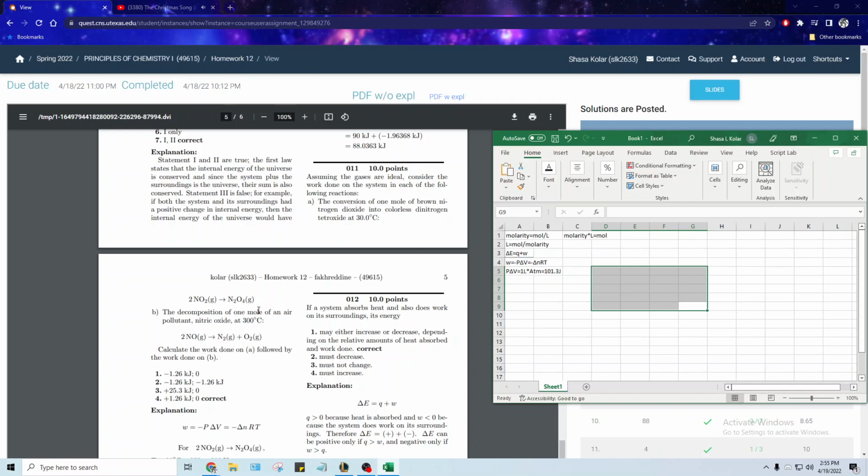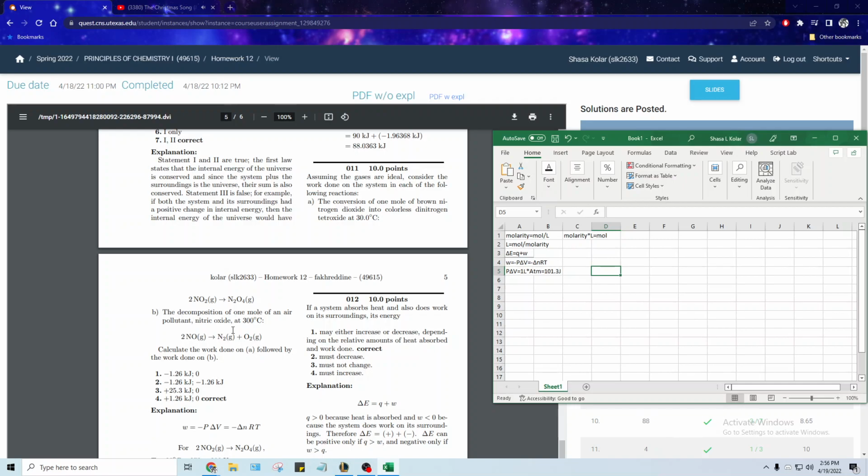Okay, so what's happening here is work is being done when the volume of a space increases or decreases, right? So negative P change in V. When things go through chemical reactions, they can increase or decrease the number of liters of gas in space, or the volume.